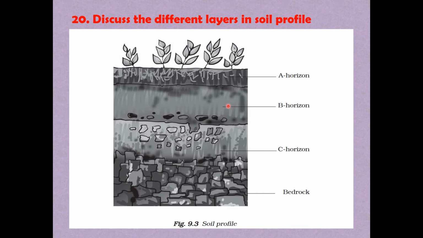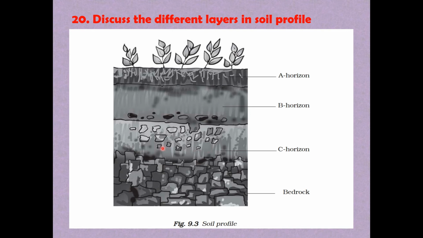Next is B horizon. That lies below the topsoil, that is below the A horizon. Here very little amount of humus and more sand particles are there. So here there are very few organisms. That's about the B horizon. Next, moving on to C horizon or otherwise called substratum. That is below the subsoil, below B horizon.